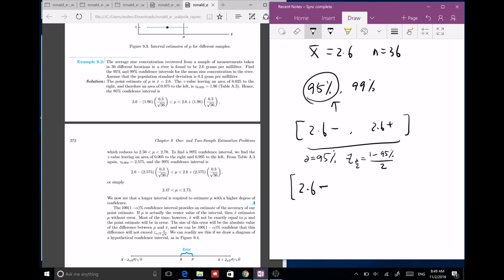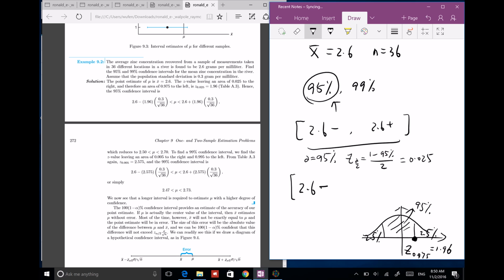This gives you 0.025. The middle is 95%, here is 2.5% and here is 2.5%. We're going to estimate this point. This point is going to be z at 0.975, which is 1.96.